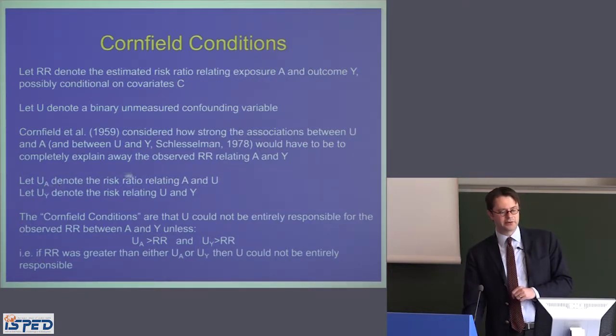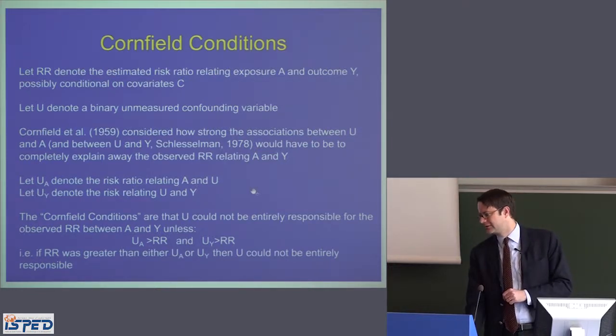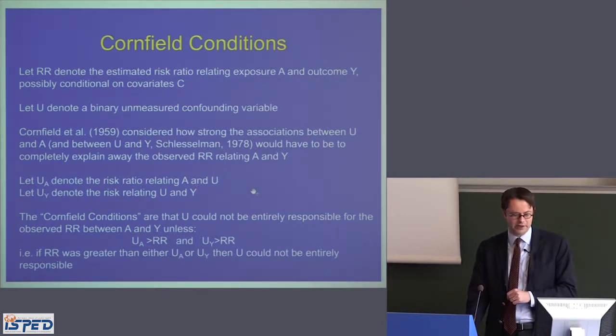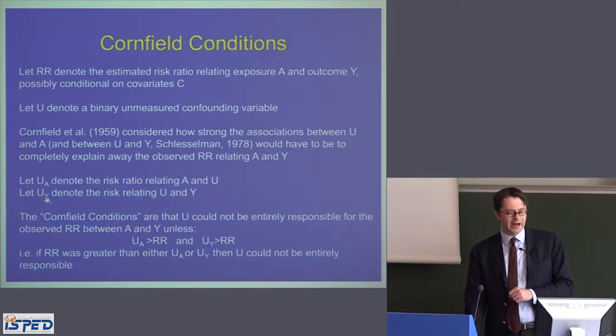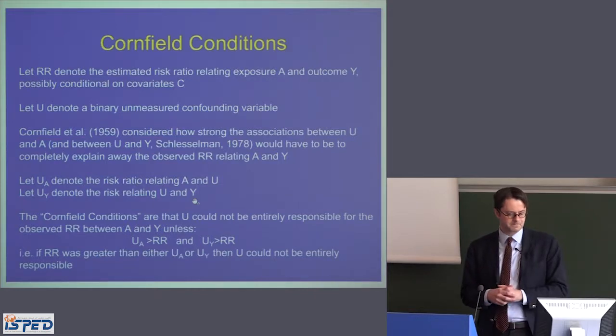Let's let UA be the risk ratio relating the exposure to the probability of the unmeasured confounder U being present, and let UY be the risk ratio relating U and Y.